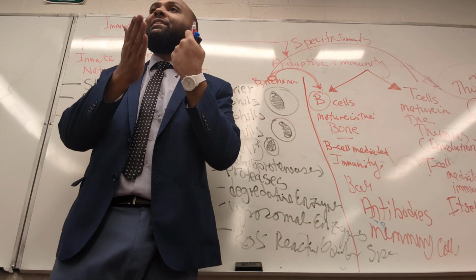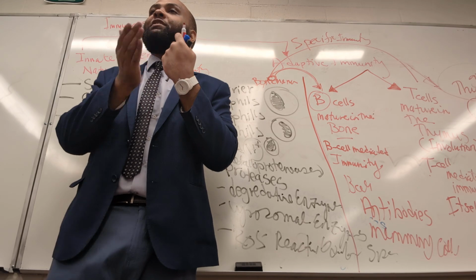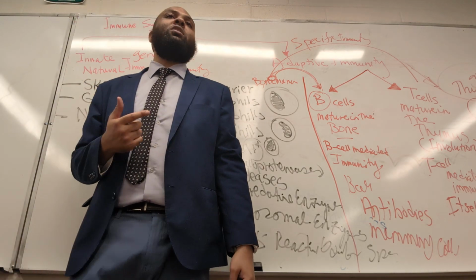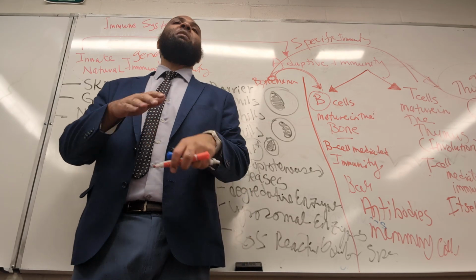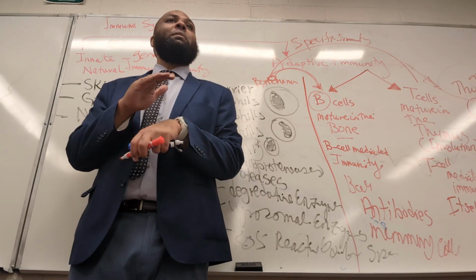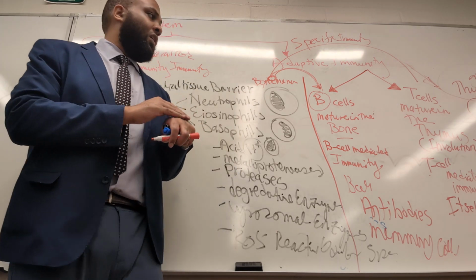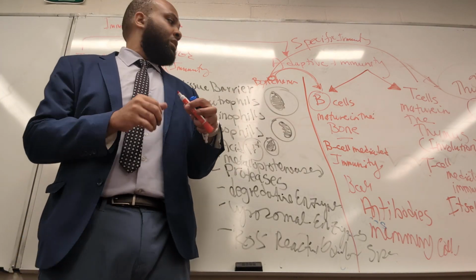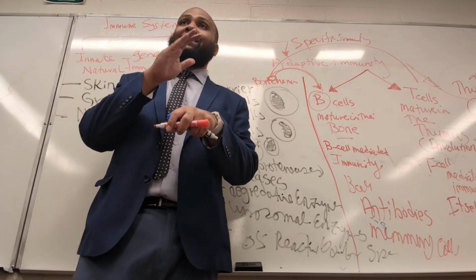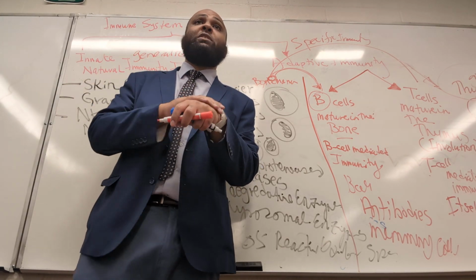But the glycocalyx is still there, the surface proteins are still there. Remember how your immune system works: it works by recognizing the surface of your microbes. So even if you give it dead microbes, it doesn't matter, because the surface proteins are the same.